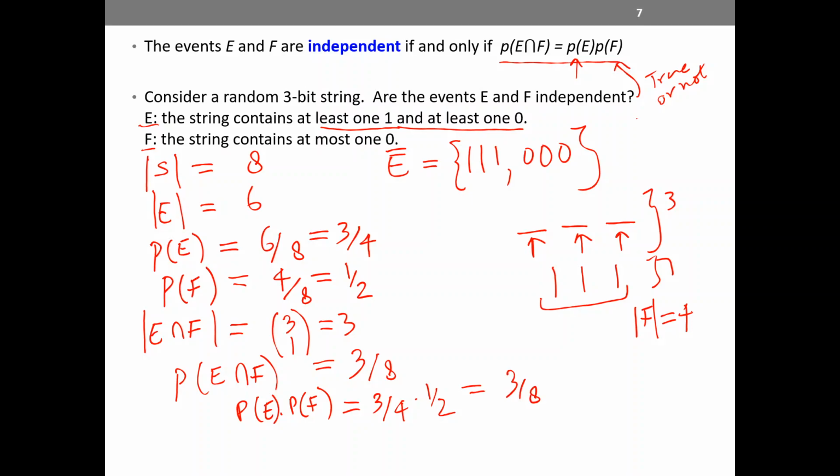So yes, I can see that the probability of E and F is equal to the probability of E times the probability of F. So I can say that yes, E and F are independent. So we talked about independence of two events. In the next video, I'll talk about independence of more than two events and how to deal with problems related to independence of more than two events.